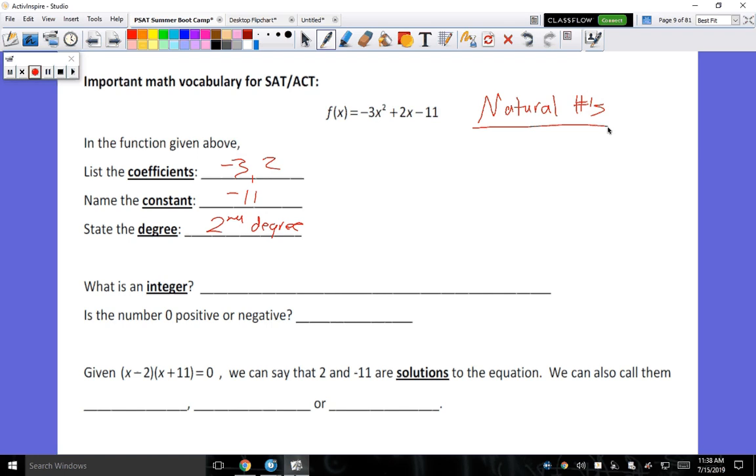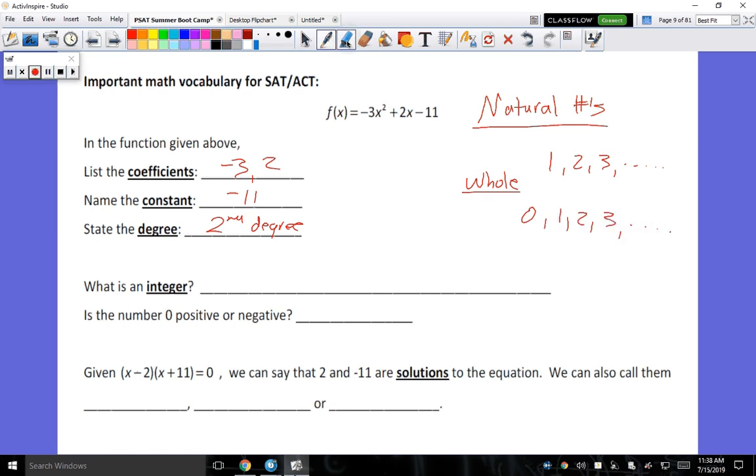So natural numbers, if I told you to naturally start counting, go ahead, what would you say? 1, 2, 3, right? You naturally always start at 1. And then if I said, I want you to tell me what a whole number is, would it be the same? It would be 0. And then 1, 2, 3.